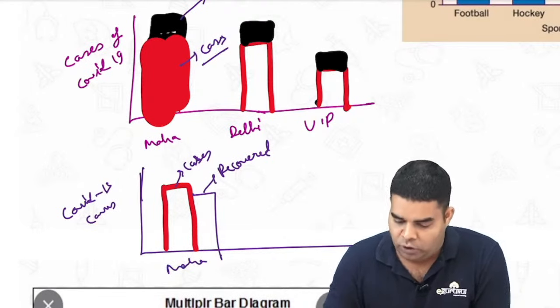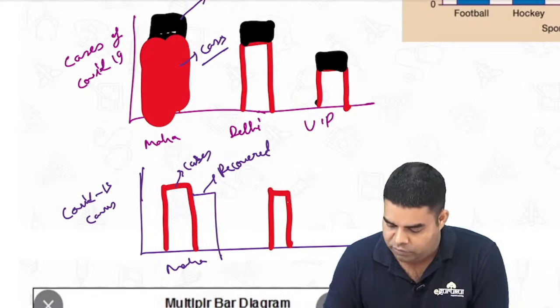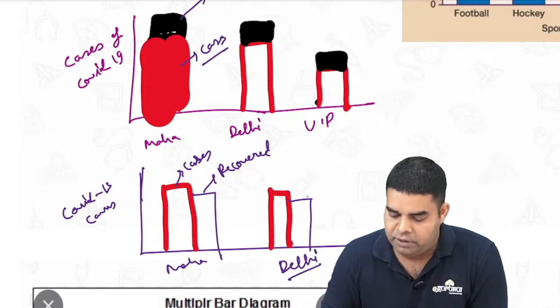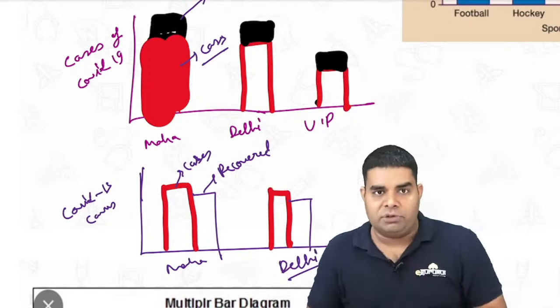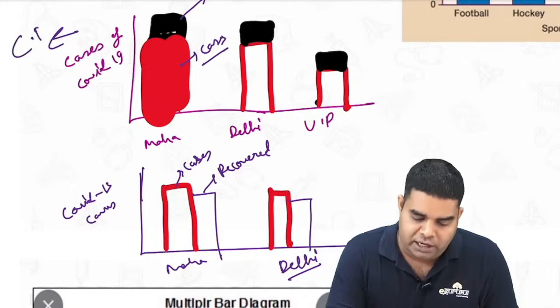Similarly, I will also tell it for Delhi: cases a bit fewer, and recovered, of course, most of it. This type of graph, in which I use 2 or 3 bars together, is a multiple bar chart. So the first one is a component bar chart, and the second one is a multiple bar chart.